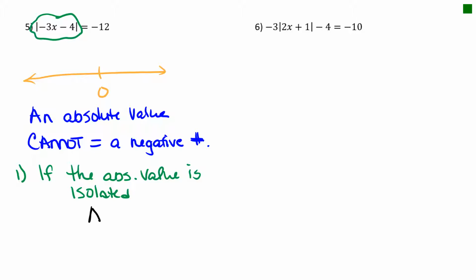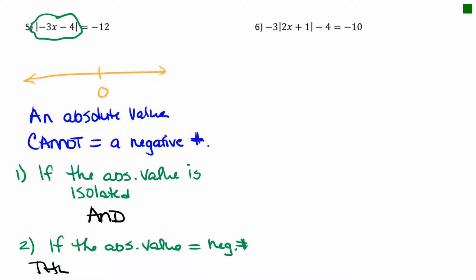And what's the other thing that it has to be? If the absolute value, once it's alone, equals a negative number, then there is no solution.